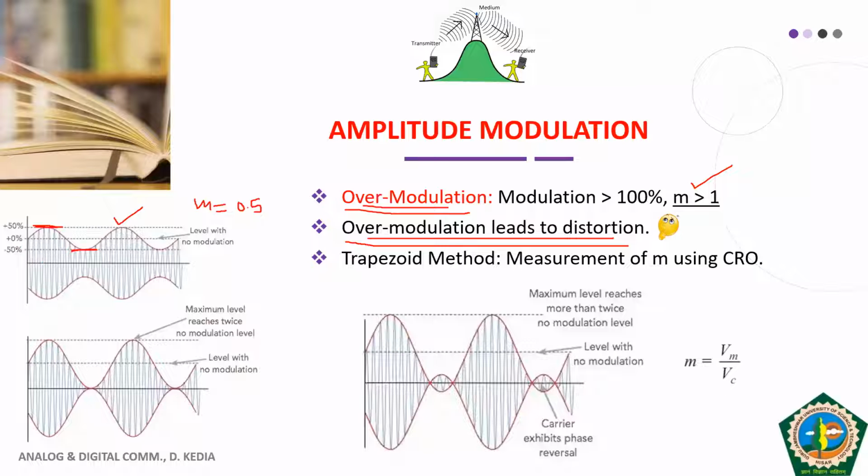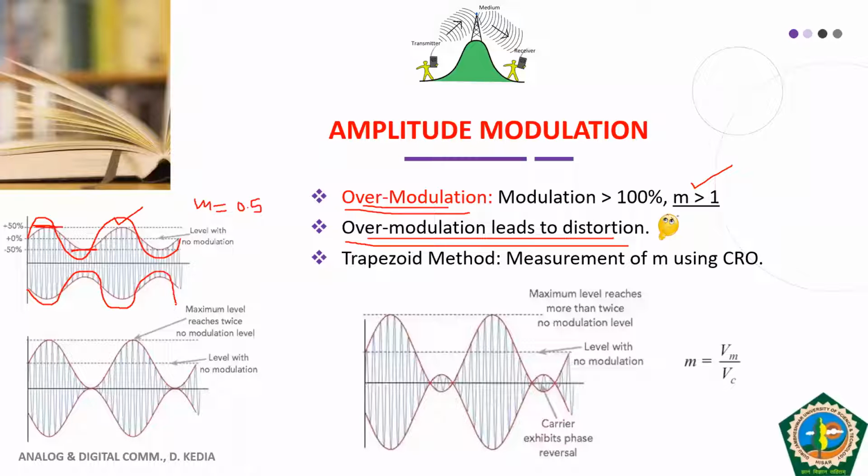Now look at this carefully. What happens if I increase the amplitude of the modulating signal without changing the amplitude of the carrier? This signal will look like this now. Similarly, this will increase at the downside also, so it becomes like this.